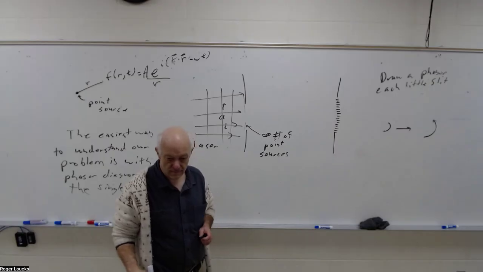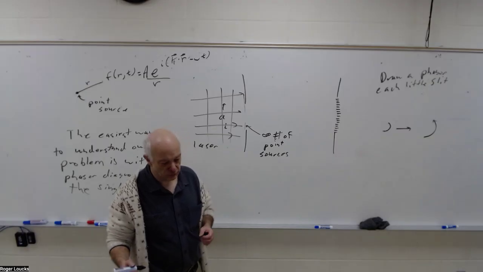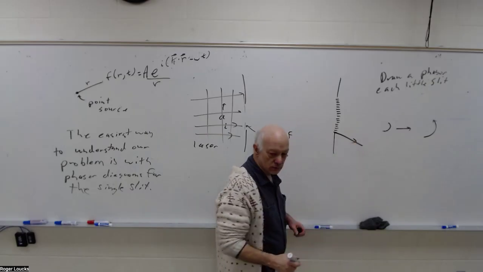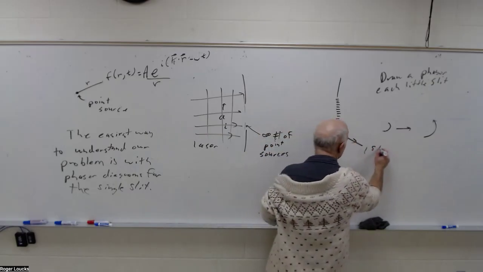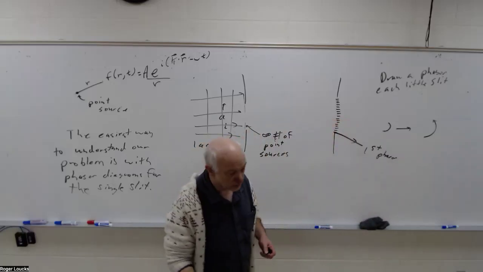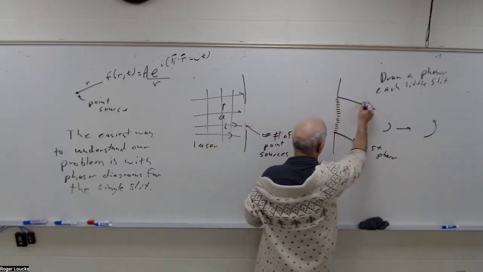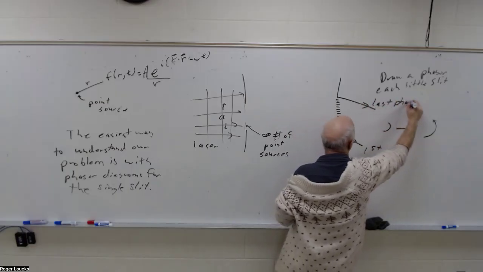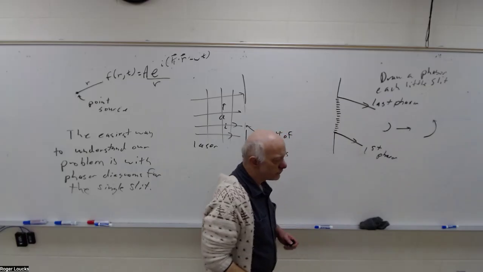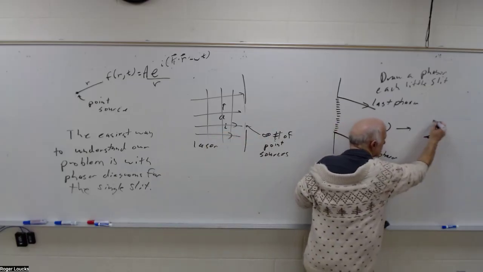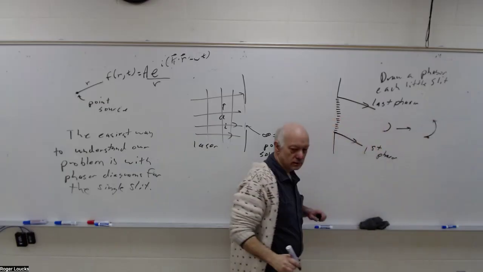So how does the arc work? Well, let's figure that out. Here's my first phasor, the light for the first phasor, and here'd be the light for my last phasor. What would be the phase angle between my first phasor, that guy, and my last phasor, that guy?